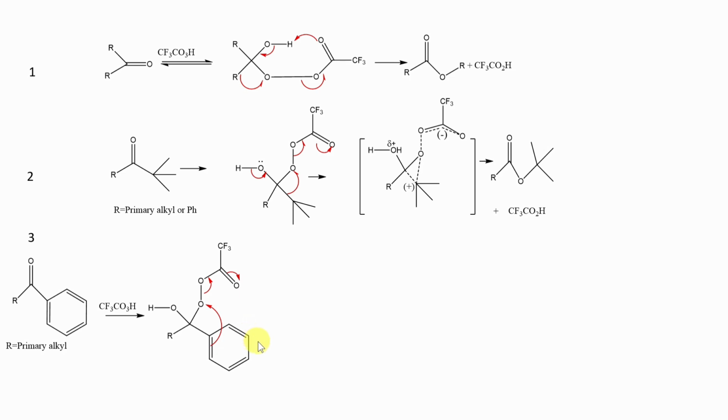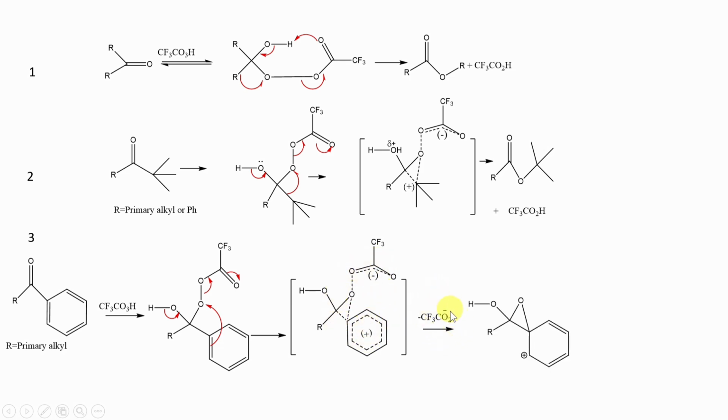Thereby, the product is formed like this through a cyclic transition state. Here, the trifluoroacetate ion is eliminated, forming this product. You can see the proton is eliminated, this bond gets broken, forming the ultimate product. It is the ester.